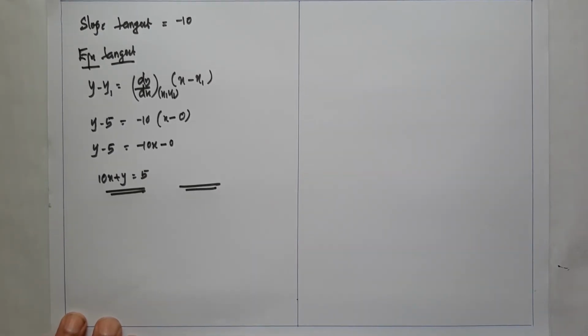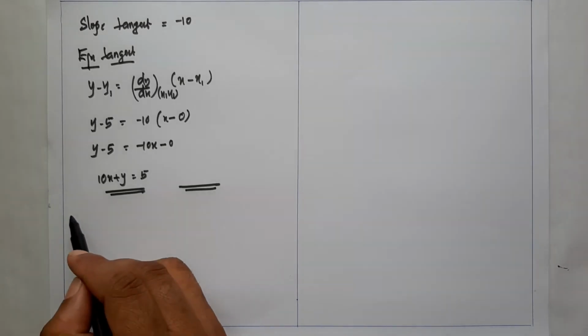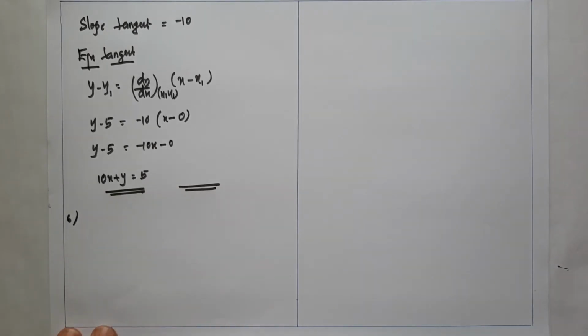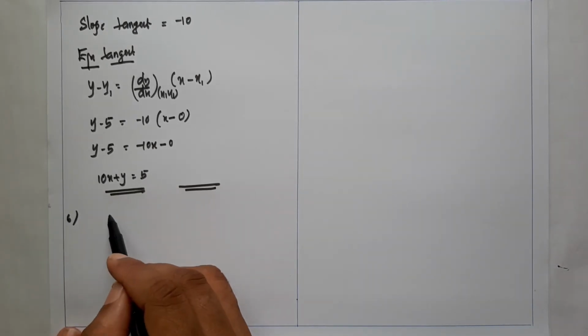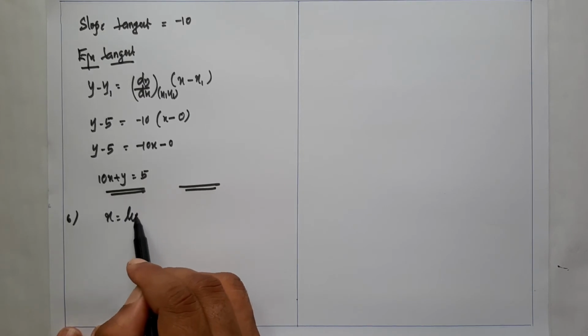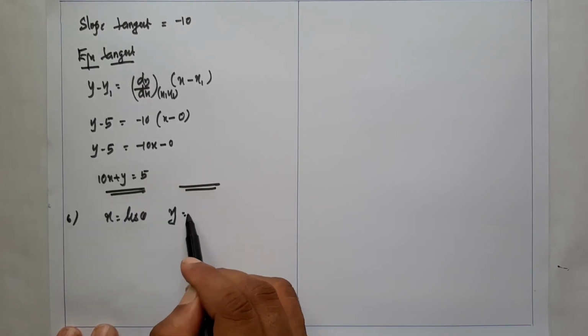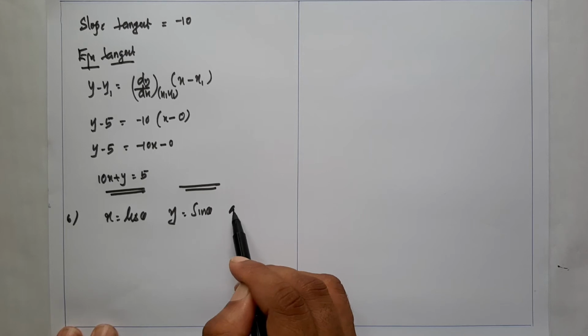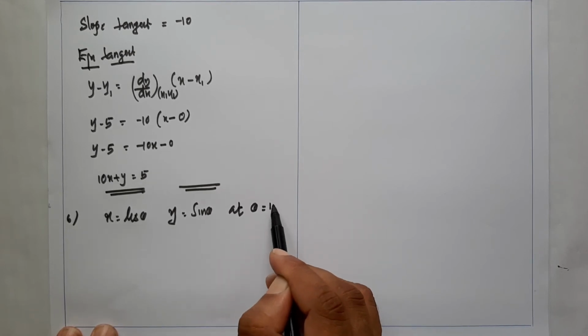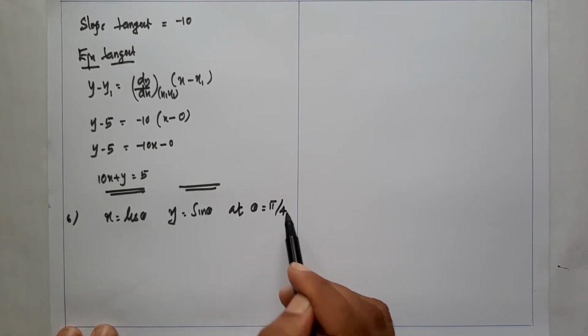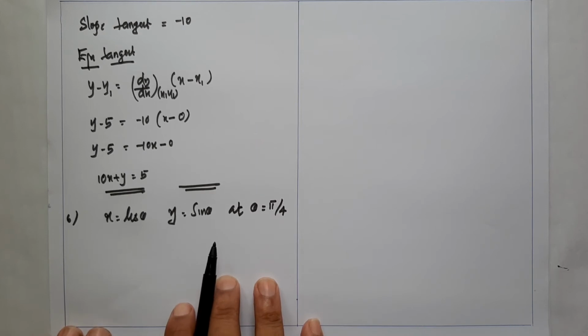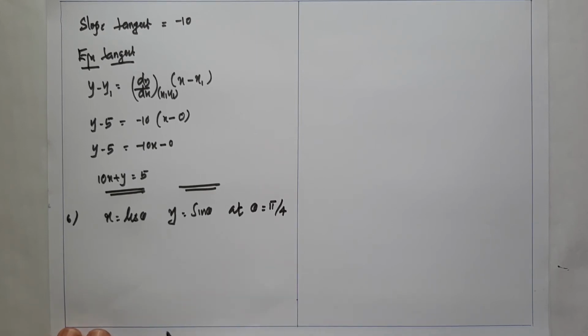Okay. Now we discuss one more question using parametric derivative. Find the equation of tangent to the curve x is equal to cos theta and y is equal to sin theta at theta is equal to pi by 4. First of all, we find x1 and y1.